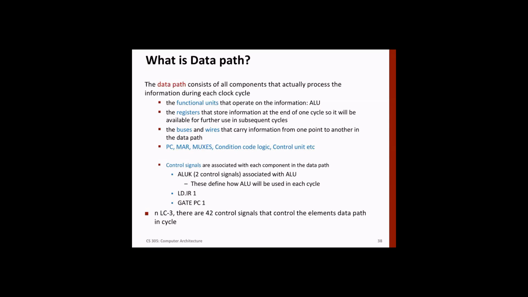It includes the functional unit, the ALU, which operates on data. Registers contain the data before the operation is performed, and also after. Or a value may come from memory and be stored in a register. Buses and wires carry the data. We also use the program counter, memory address, and muxes. All these become part of the data path.